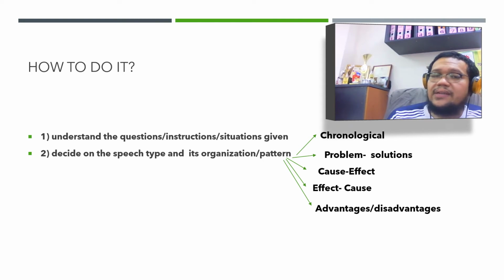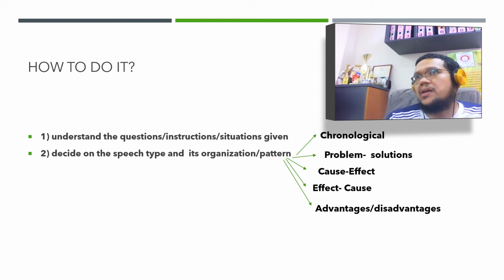And last is advantages and disadvantages. You might choose just advantages or disadvantages, or maybe you can talk about both when it comes to a discussion where you give the positive and negative aspects of a certain thing. For example, the advantages and disadvantages of vaccination, or maybe the advantages and disadvantages of online classroom.